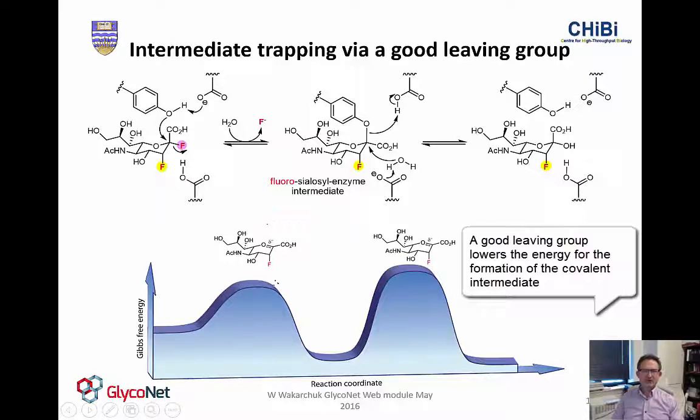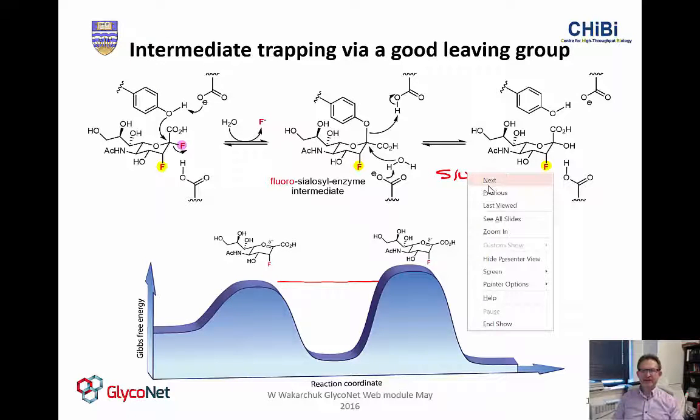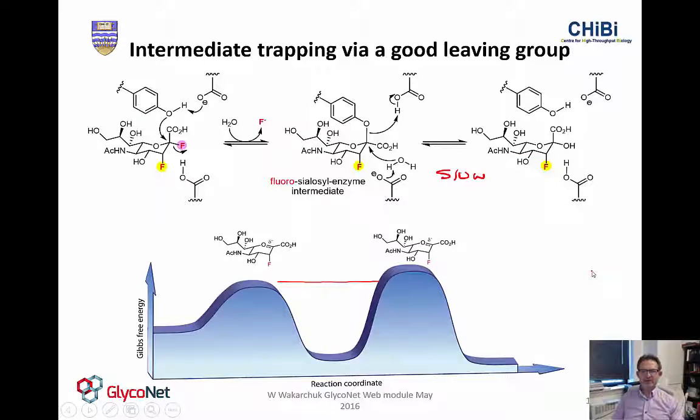So what we've done is we've lowered the activation energy for the formation of the intermediate, and we still end up with the covalent intermediate with that fluorine, which still has the slow hydrolysis kinetics. So in essence, what we've been able to do then is to put the enzyme to sleep.